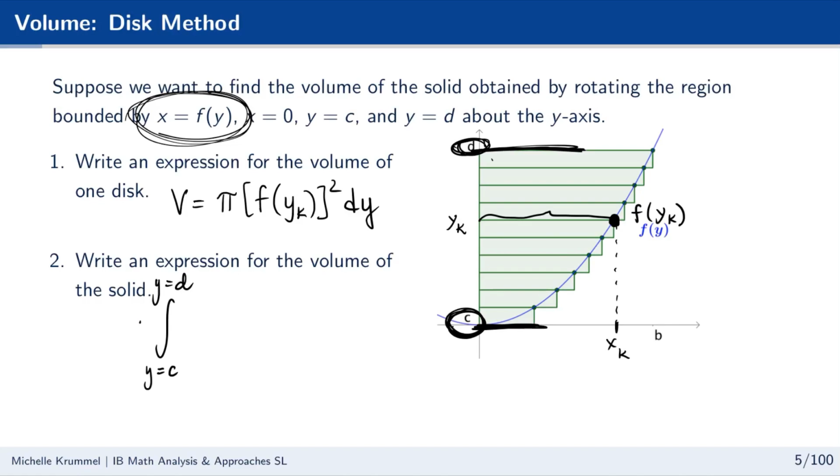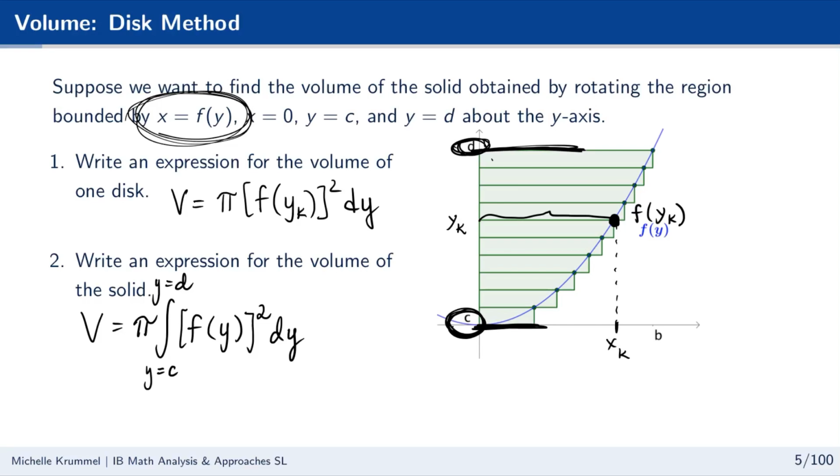The pi is a constant multiple, so we can bring that out. F of y, the k is going to disappear as part of the summation, so I'm not showing all the details here on how we got from the expression in number 1 to the expression in number 2. But I guess in between here we have a Riemann sum, and we're taking the limit of a Riemann sum.